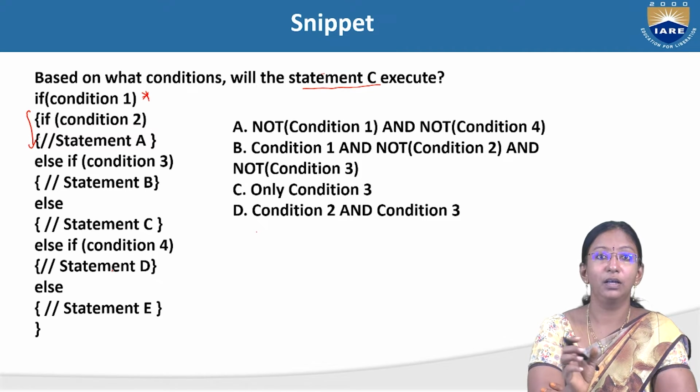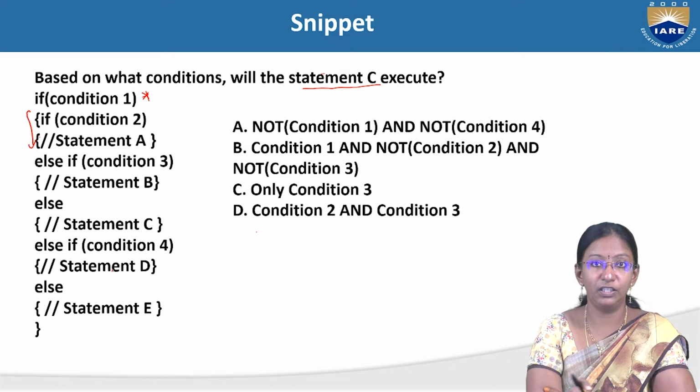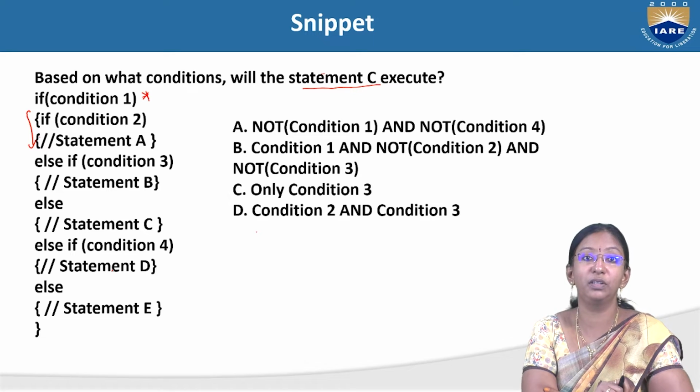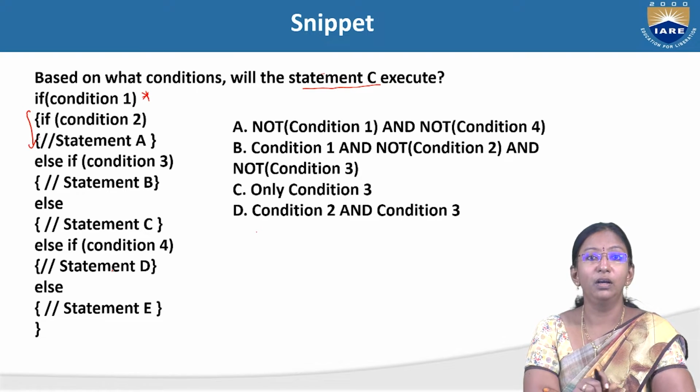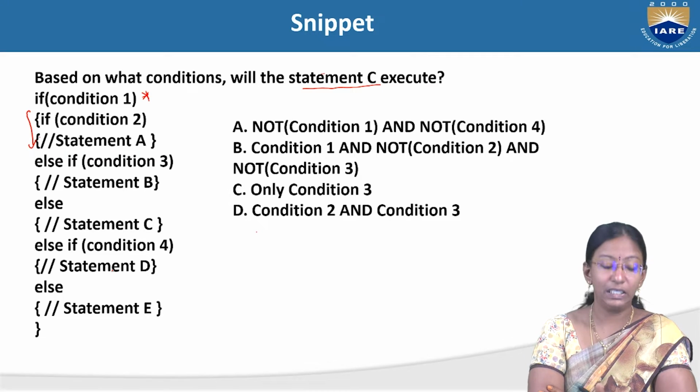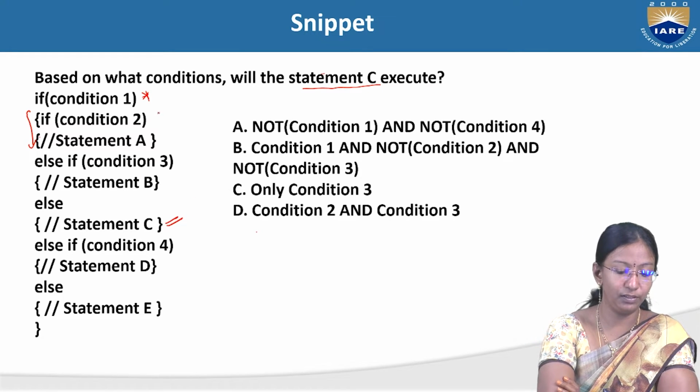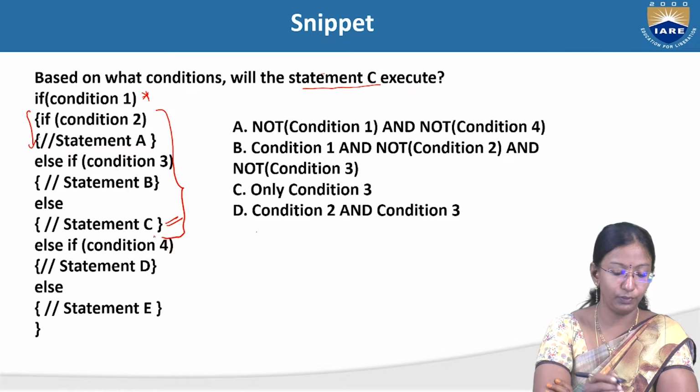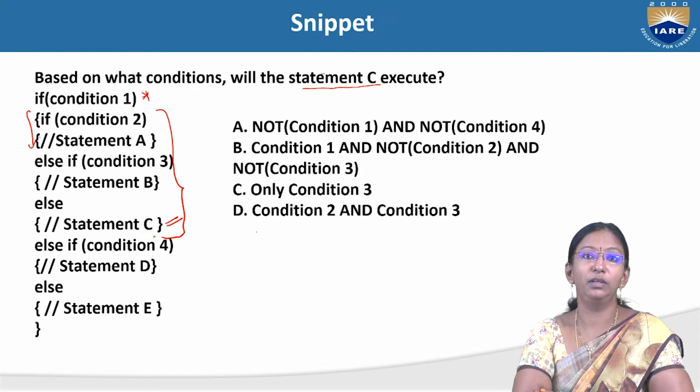They are asking for the combination of these conditions, the logical connection between these conditions given, so that statement C is executed, right? We can clearly see that statement C is placed within the body of the if condition.